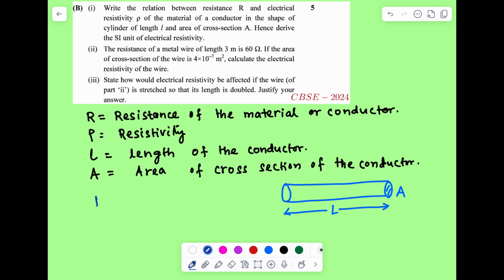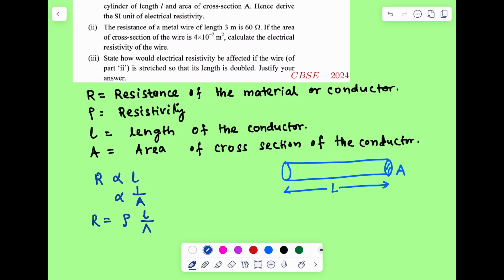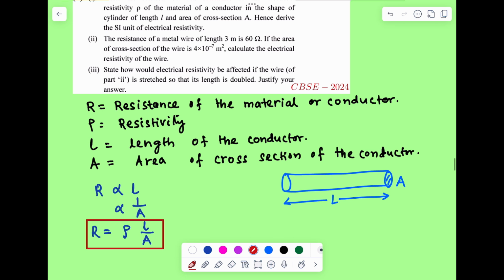If length is more, then the resistance will be more, and it is inversely proportional to the area. If area of cross section is more, resistance will be less. Suppose a thicker wire will have less resistance. So R is equal to some constant. That constant is rho into L by A. The small l we are taking here. R equals rho L by A. This is the formula we use to calculate the resistance of a material.